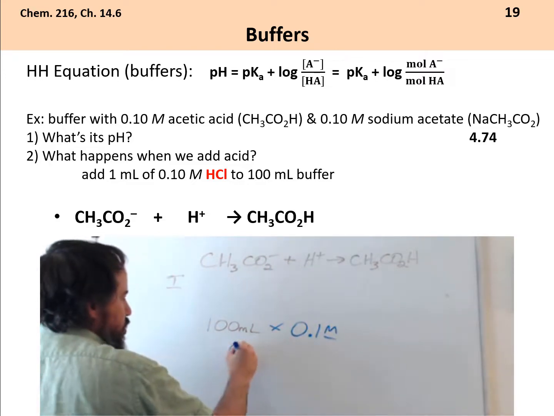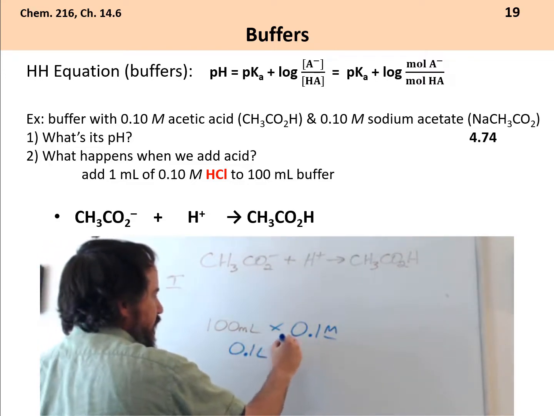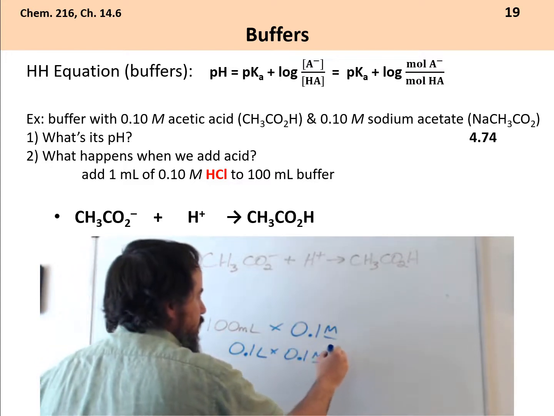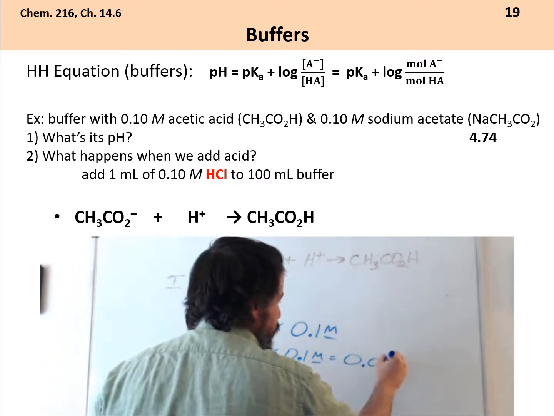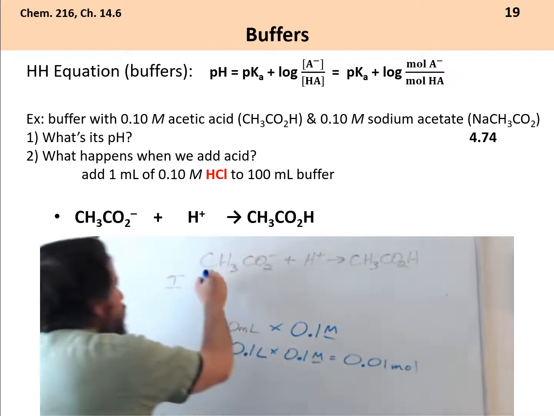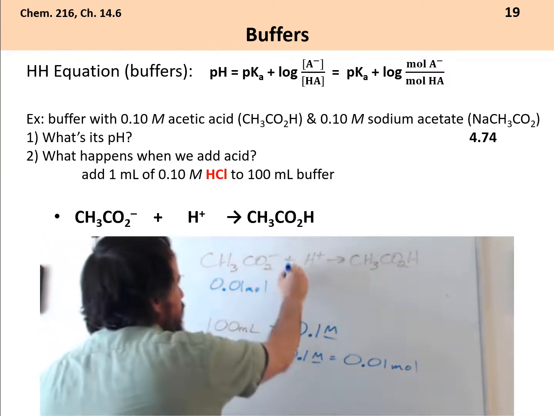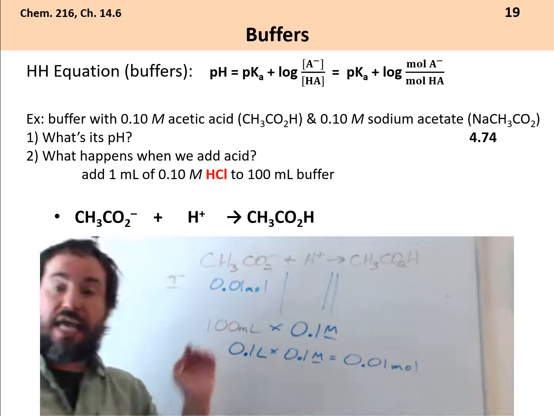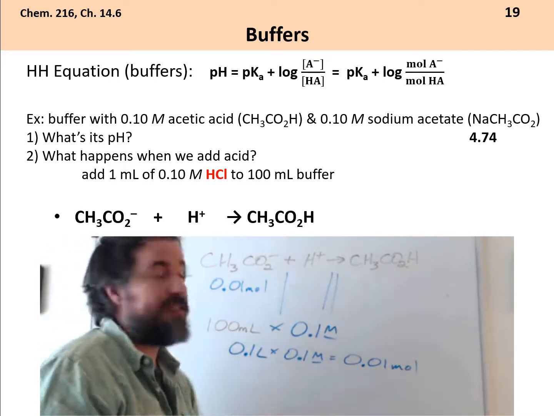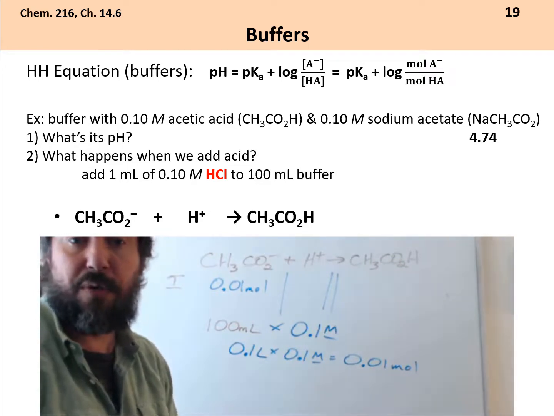So I need to make sure to convert this to liters, times 0.1 molar. That's going to give me 0.01 moles. That's how much of my acetate I have. The calculation is actually the same for my CH3CO2H.